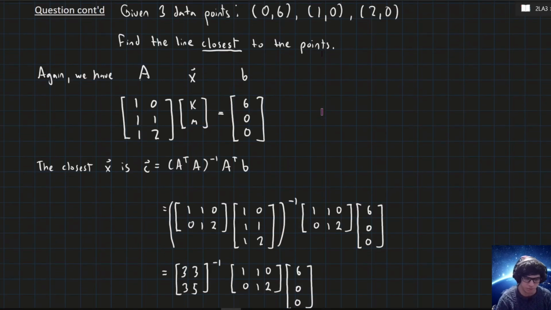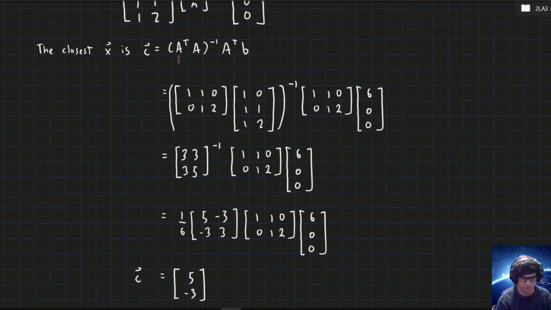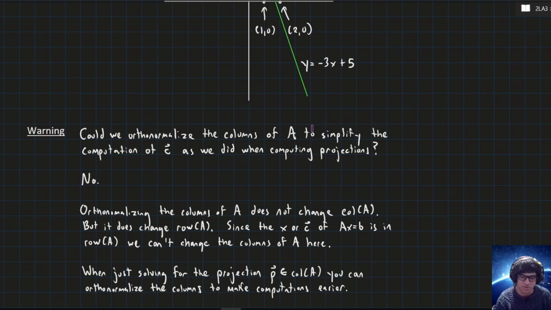So you might ask, instead of doing this, could I have orthonormalized the columns of A, and that would simplify this computation? The answer to that is no. So here's the question again: could we orthonormalize the columns of A to simplify the computation of c, as we did when computing projections? The answer is no.